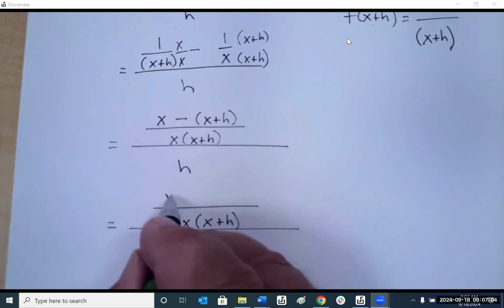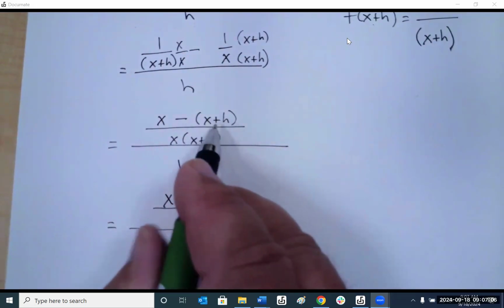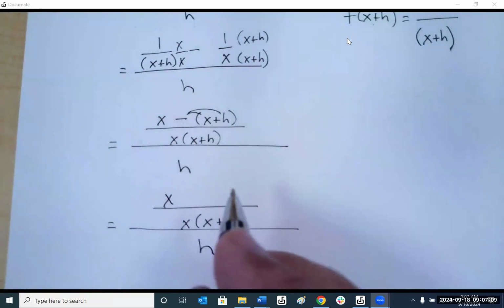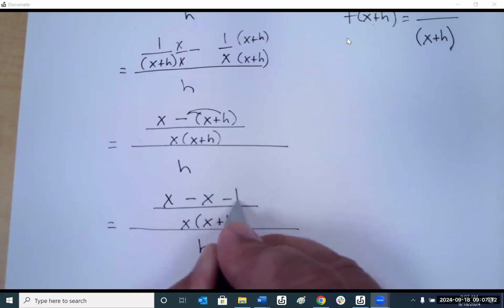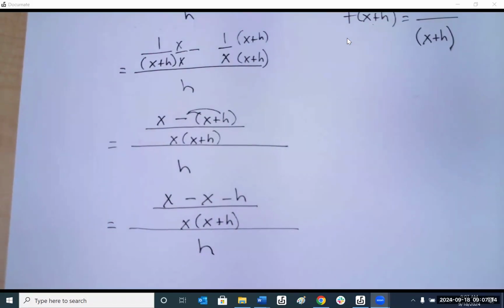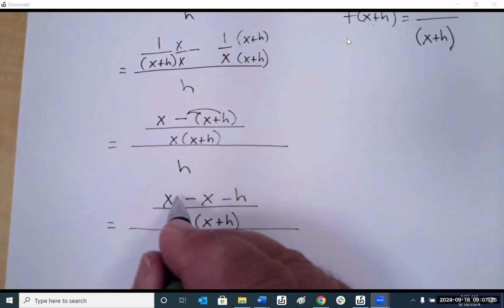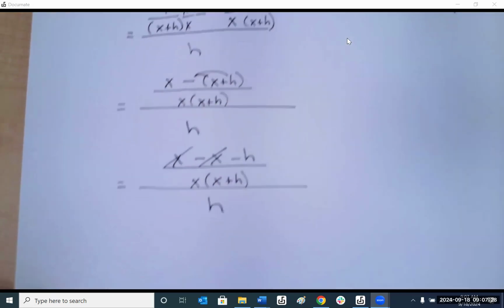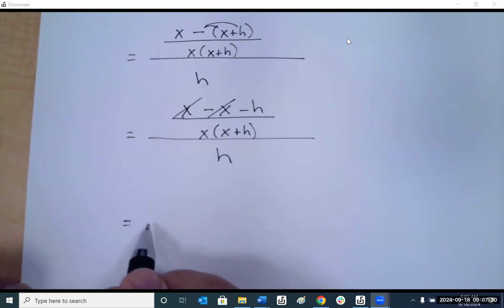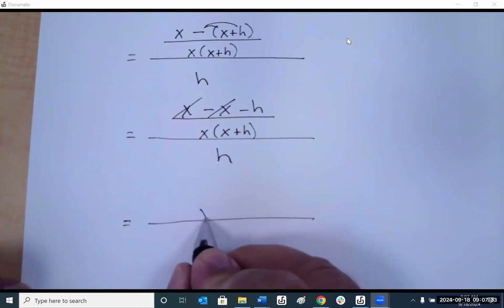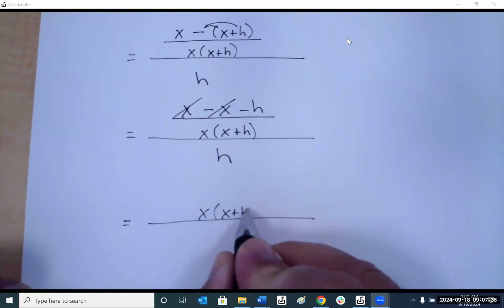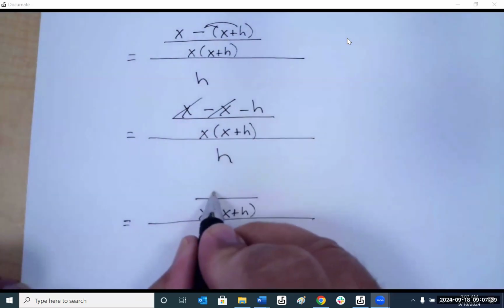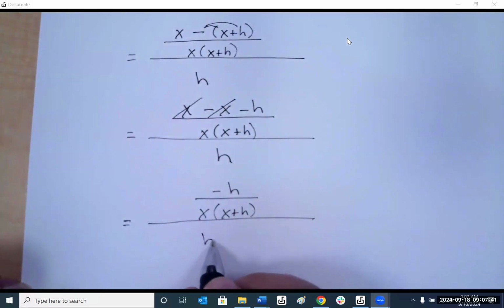We can't do anything inside the parentheses here, so we have to get rid of the parentheses. So we distribute. So the x's cancel. X minus x cancel. And all we have left on top is negative h. And on the very bottom, h.